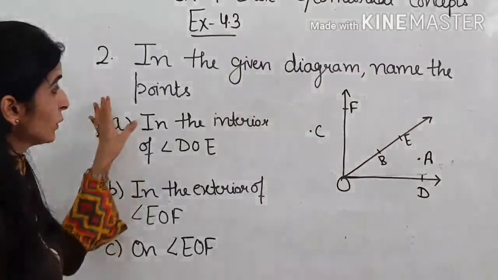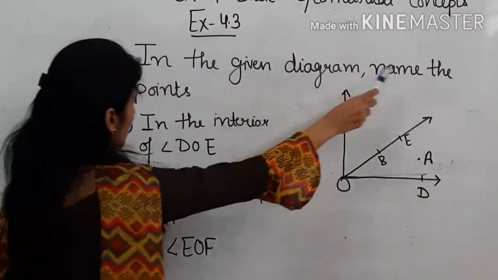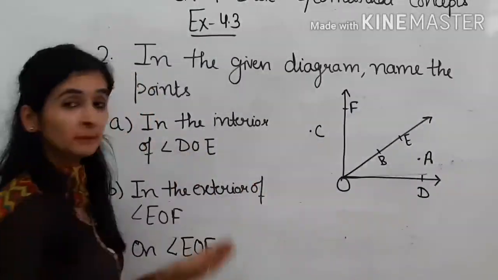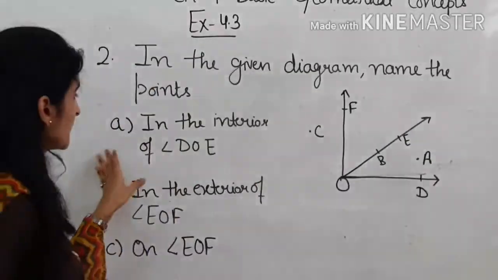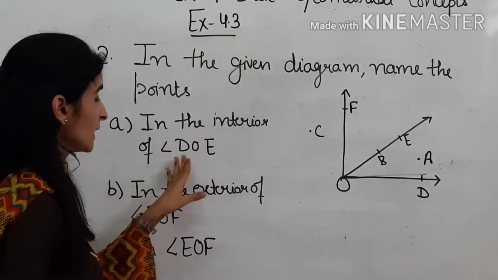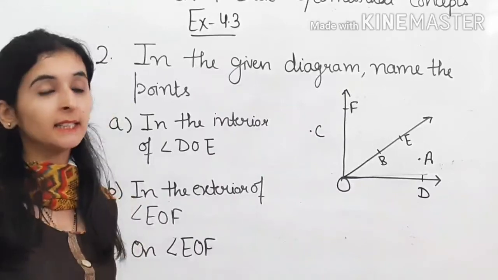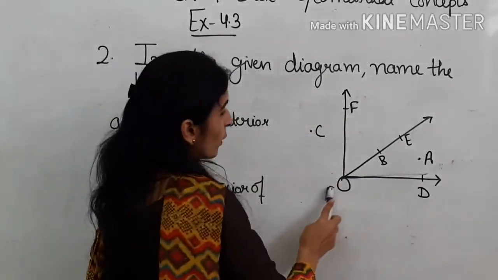Question number 2 is, in the given diagram, name the points. We have been given this diagram and we have to name the given points. First part is in the interior of angle DOE. Which point is there in the interior of angle DOE?